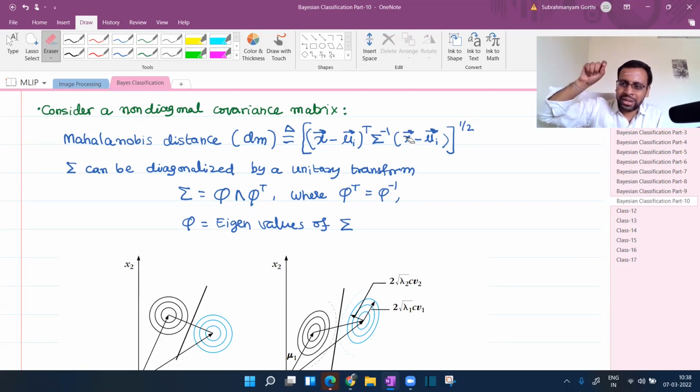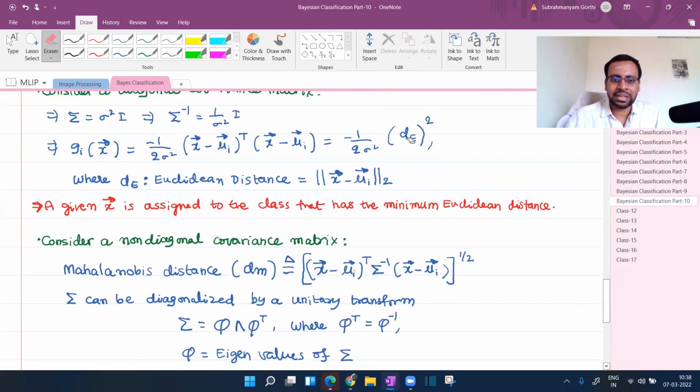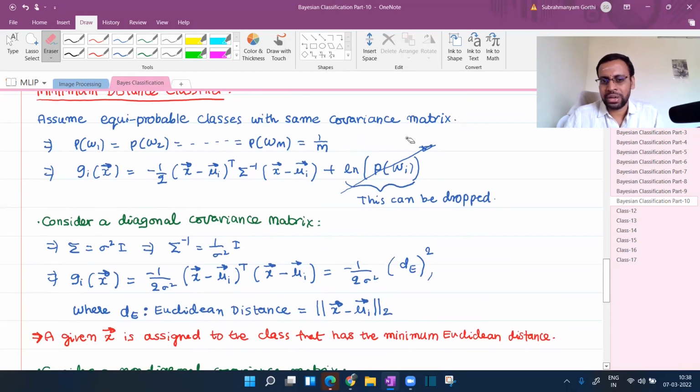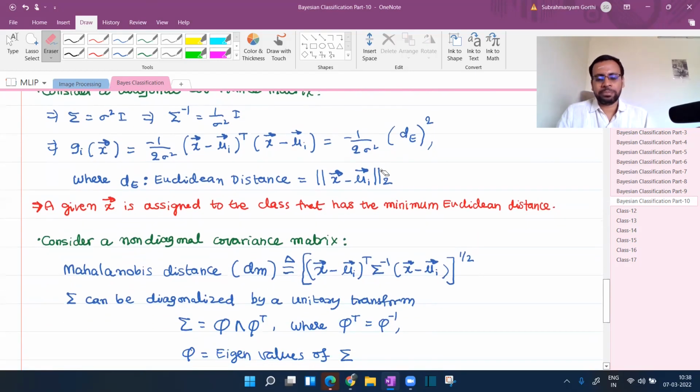For any given point, just compute that, and whichever it is close to, you simply assign to that. That is all that happens when you have a diagonal covariance matrix, same across all classes, and your prior probabilities are the same for all classes.